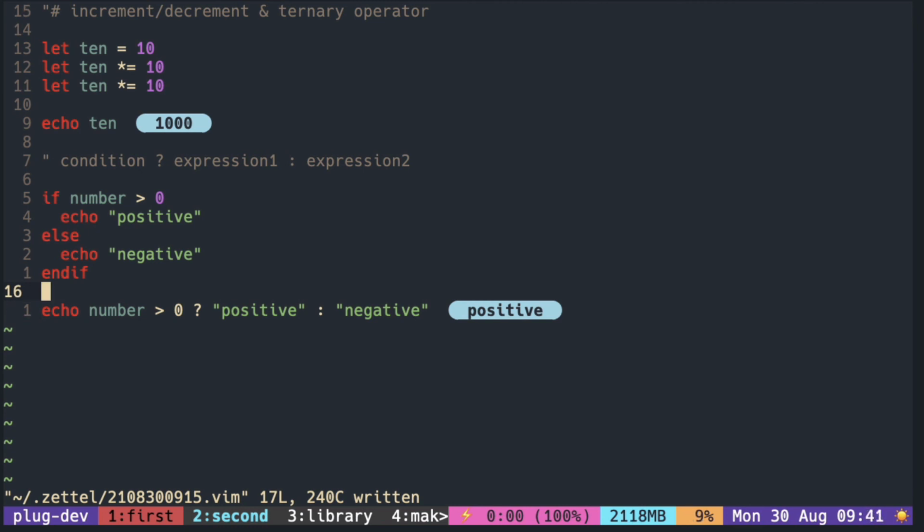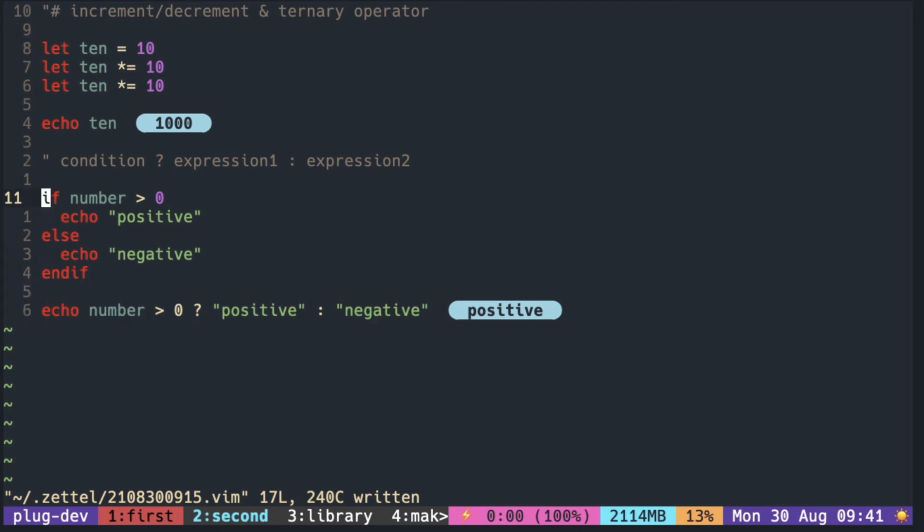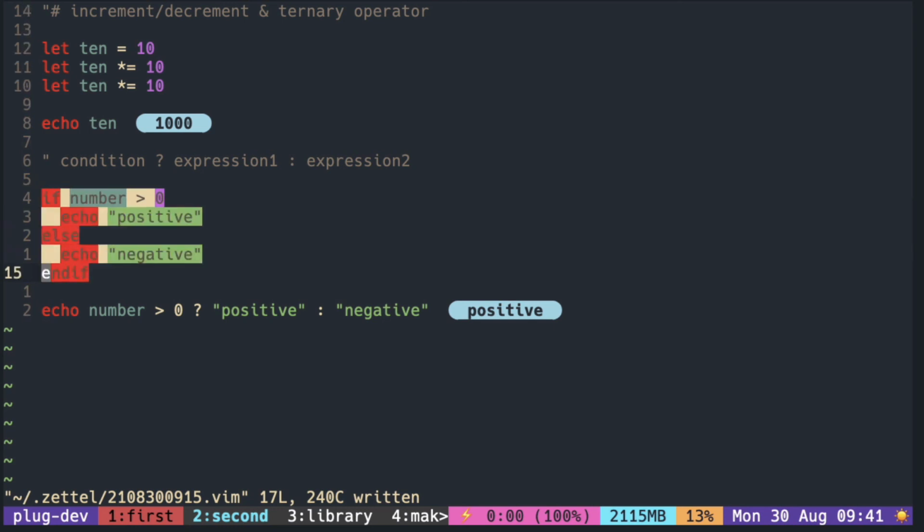So using the ternary operator, you can condense this 5 lines or more into 1 line, and depending on the context, this 1 line is easier to understand than the multiple lines of if and else statements.